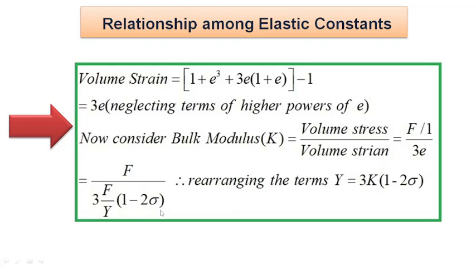So, rearranging the terms, capital Y is equal to 3K into bracket 1 minus 2 sigma. So this is about the relationship among elastic constants: Young's modulus capital Y, bulk modulus capital K, and Poisson's ratio sigma.